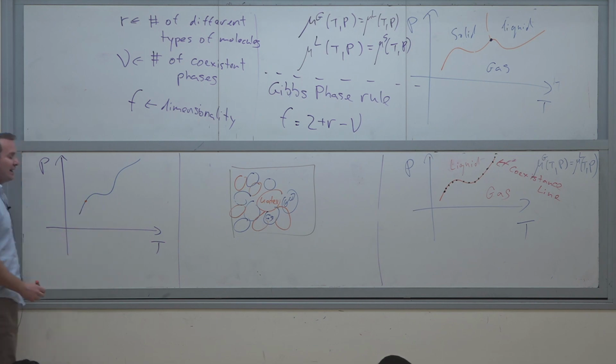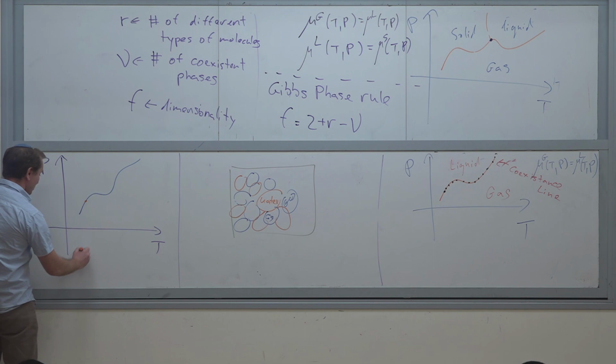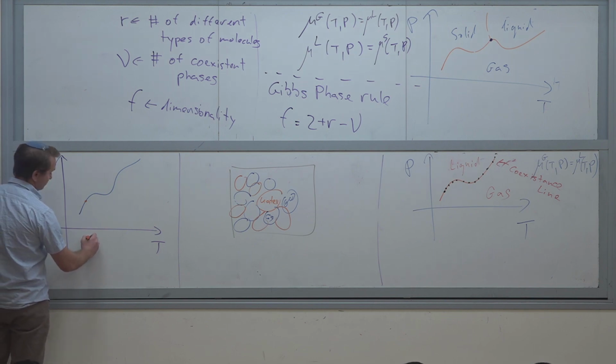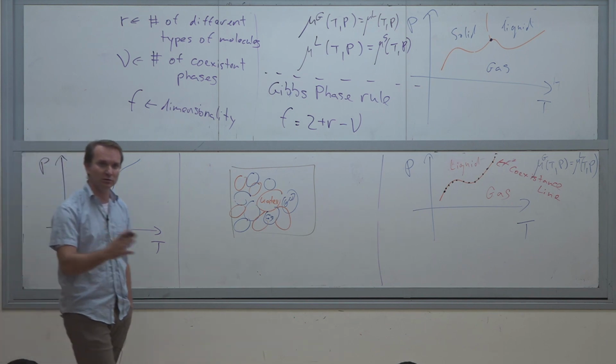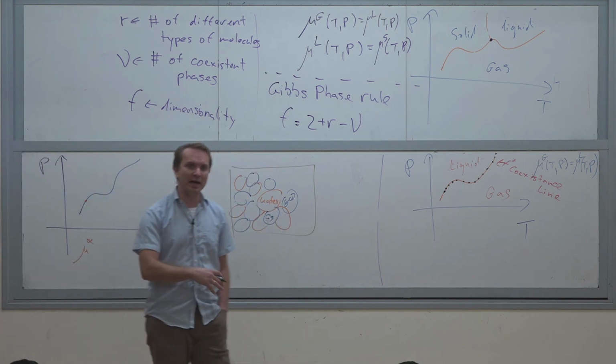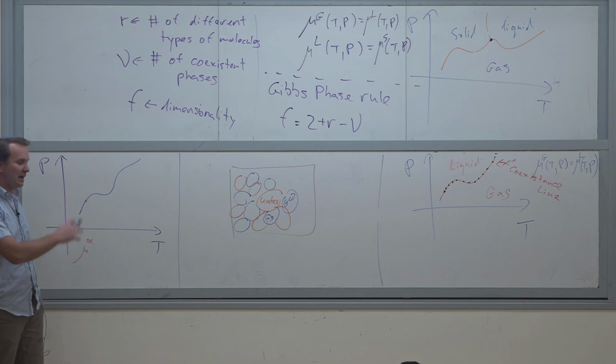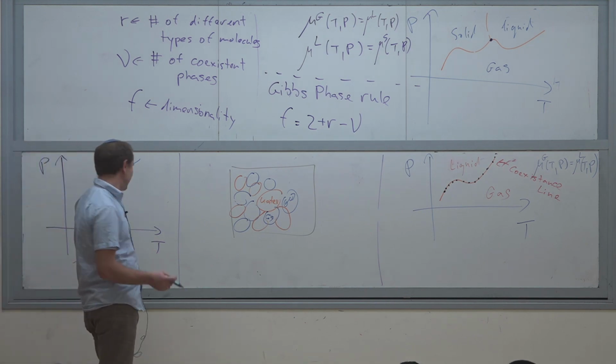So we know that on any point on this line, mu of phase alpha, okay, let's not constrain ourselves to liquid, gas, solid, etc. We will have phase alpha and phase beta.